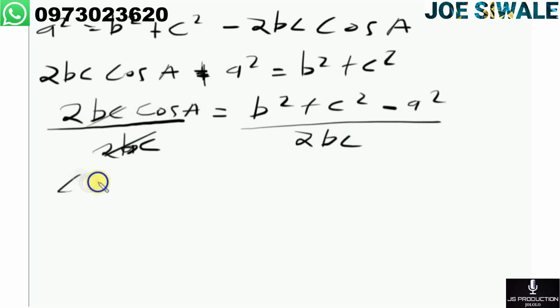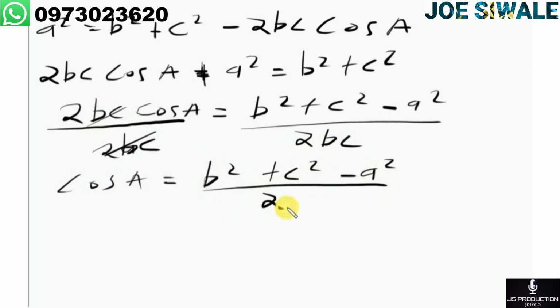And to find the value of cos A, I'll divide both sides by 2bc. So 2bc and 2bc are going to cancel out. So I have cos A is equal to b squared plus c squared minus a squared over 2bc.